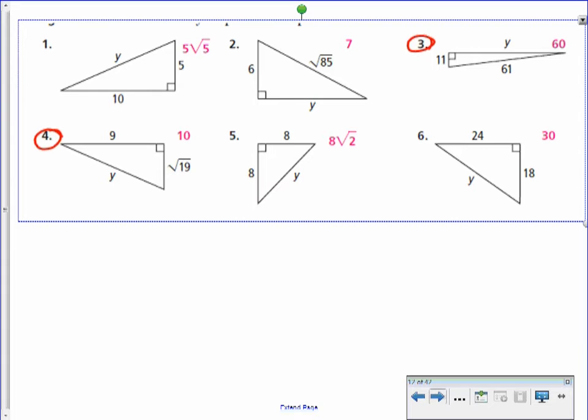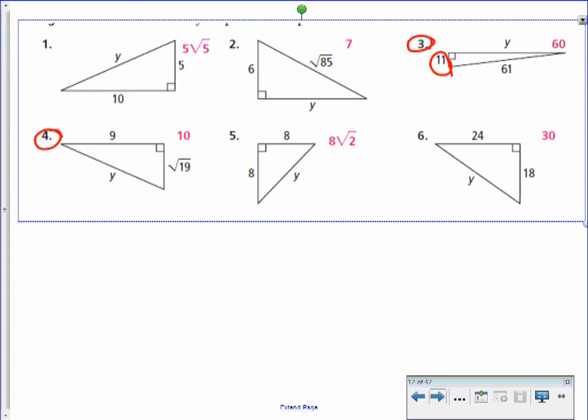Number 3. First thing that's weird about number 3 is identifying which parts we have. Of course, we know we have at least one leg. What is the leg? 11. It's definitely one of our legs. Is y another leg, or is that the hypotenuse? That's another leg.